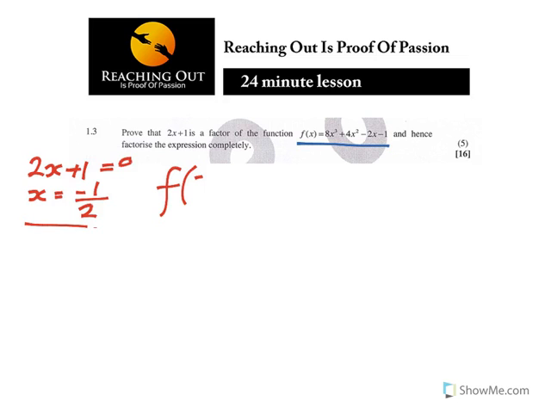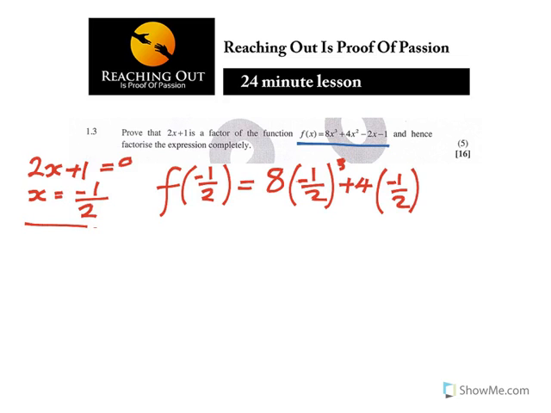And then what you have now is f of minus 1 over 2 is equal to, remember there is 8, so you put your 8 and then you put minus 1 over 2 cubed, plus 4 times minus 1 over 2 squared, minus 2 times minus 1 over 2.